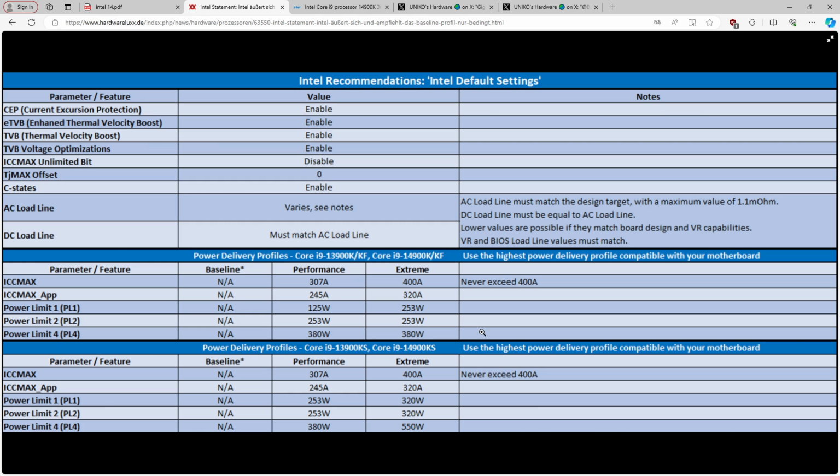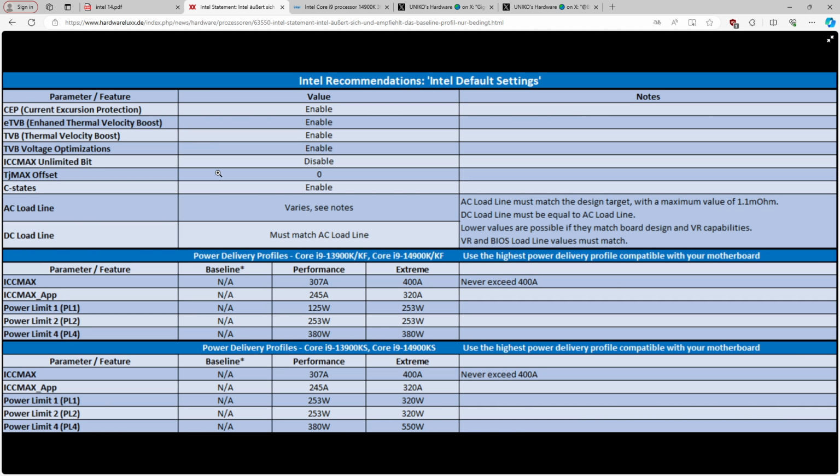Now the thing is, most motherboards don't use CEP, they don't have the TVB configured the way it should be. The ICC Max is disabled, right? The ICC Max Unlimited is turned on, so the ICC Max is disabled.